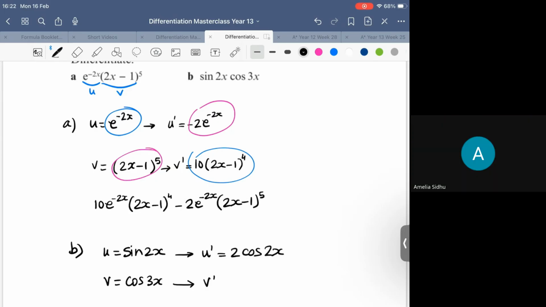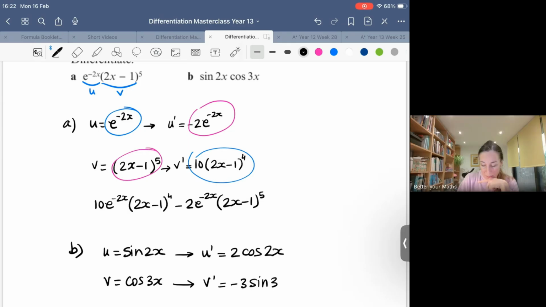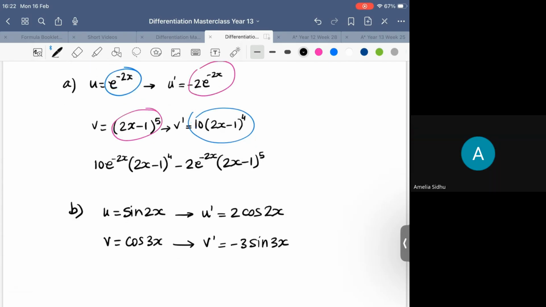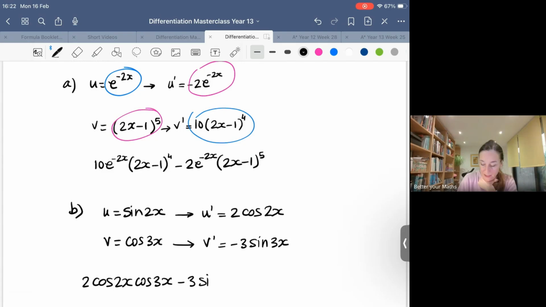And then for v prime, it'd be minus 3 sine 3x. Exactly. And when I put things together, what do I write? You do the 2 cos 2x times by the cos 3x, add sine 2x times by the minus 3 sine 3x. Exactly. I'm going to put the minus at the front so we don't get mistaken. That's it. And that's your derivative, and that's how you apply the product rule.